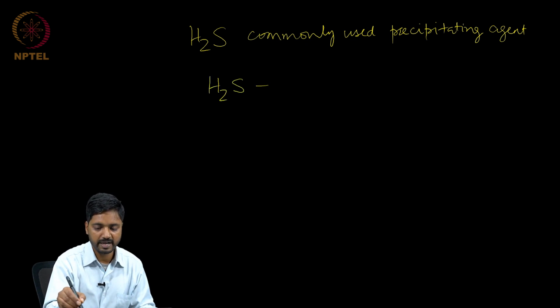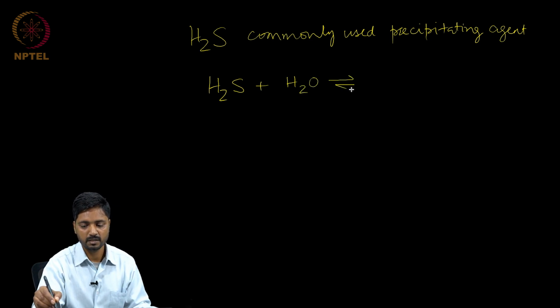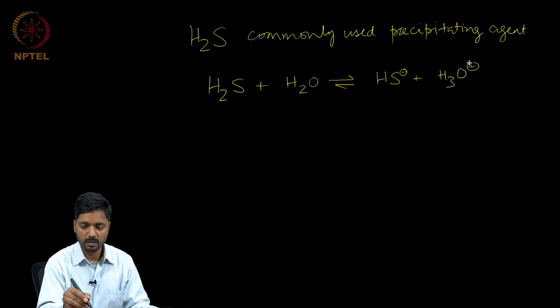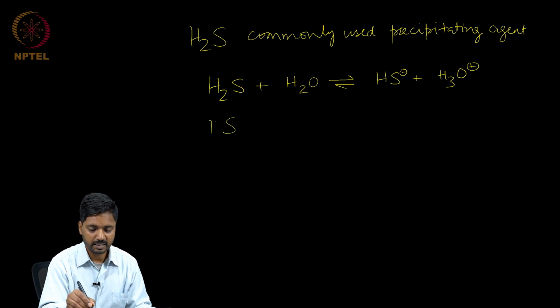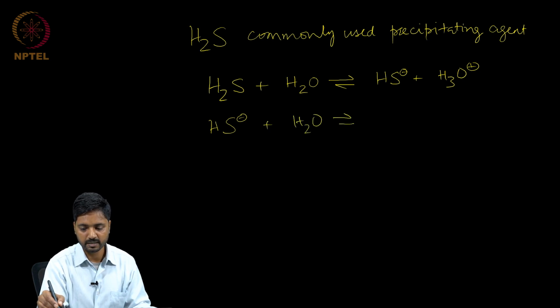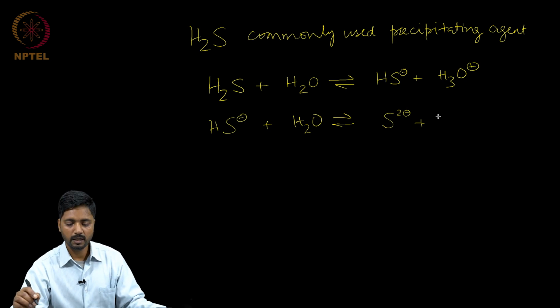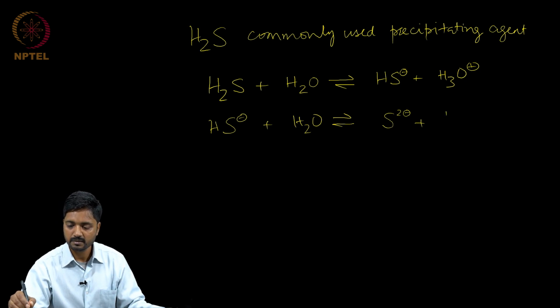Hydrogen sulfide, being a weak acid, will donate its proton to water as the first equilibrium, and in the second equilibrium we can also expect that the monosulfide anion will convert into the sulfide dianion.